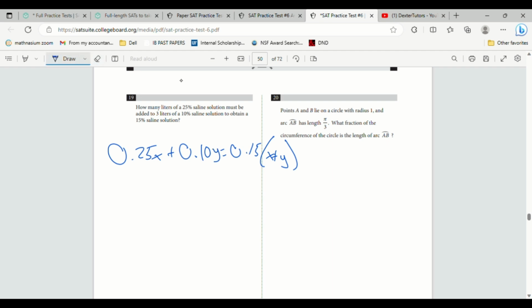And now we know y. Y is 3 liters of our 10% saline solution. So we can rewrite our equation by substituting in 3 for y.